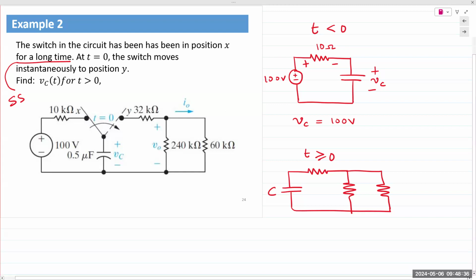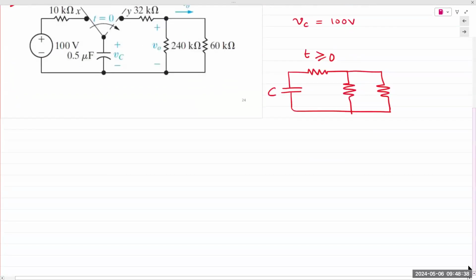Okay, so now similar to the other one, we know our initial value V0 is equal to the fully charged capacitor, which is 100 volts. We'll find Req as seen by the capacitor.